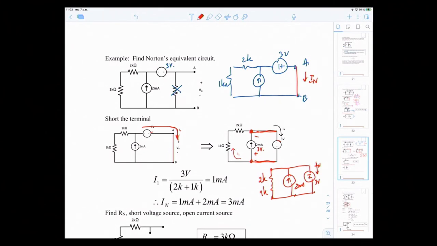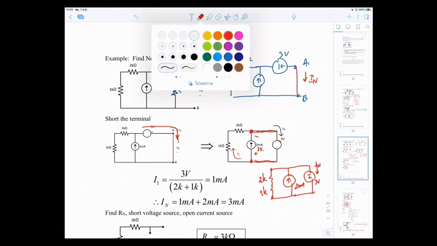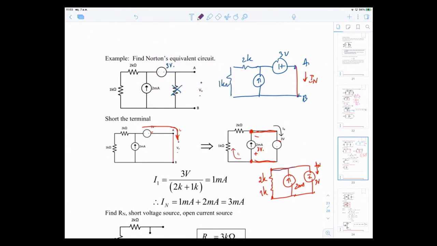So that means they're all parallel. Can you see that? They're parallel here. So there must be a 3 volt across this 2K and 1K, 3 volt like this also. I want to find IN. This is the node, so I have 2 milliamps going in, minus IN already, as IN is leaving this node right here.